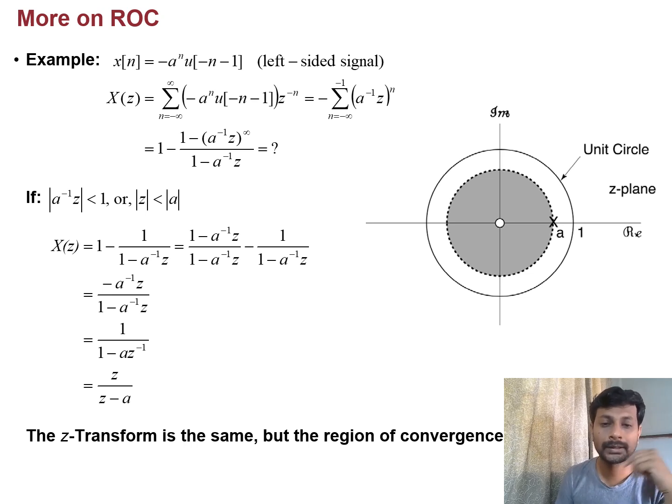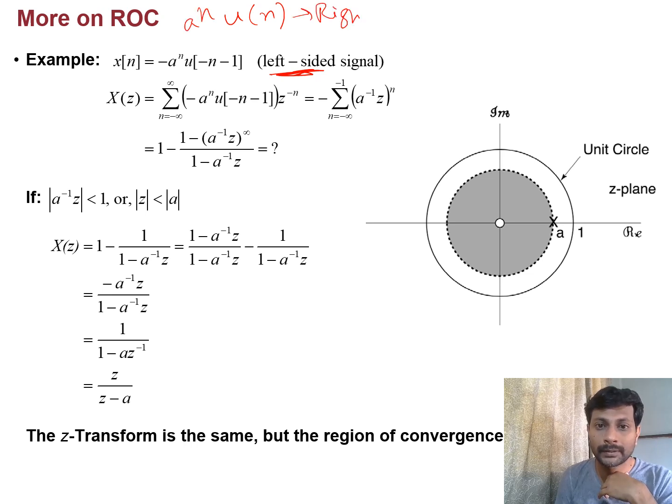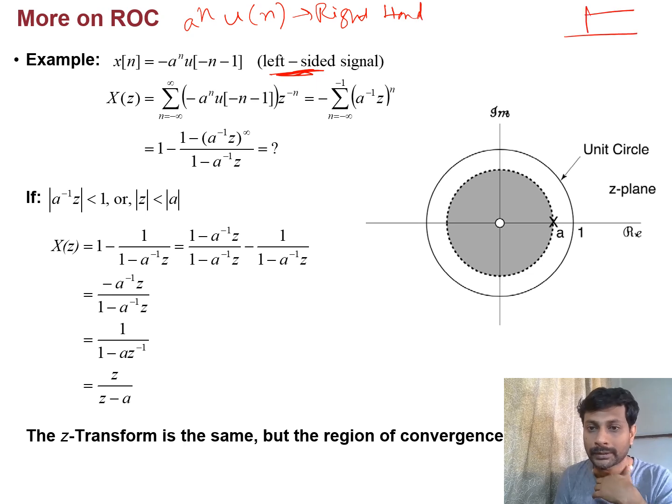Previously we had considered right hand sequence, this is left hand sequence. See, we had u[n] equal to a to the power n u[n], so this is a right hand sequence, that is like this.